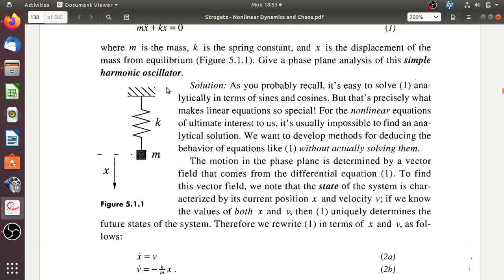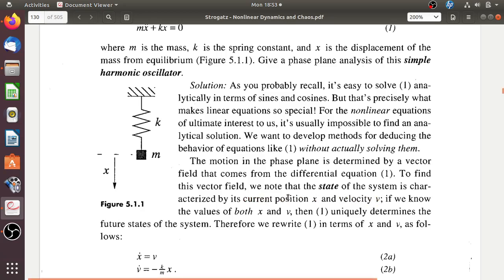So now I have two state variables. One is the current position x, another one is velocity. Here instead of x dot they have put v, to assign a new variable.